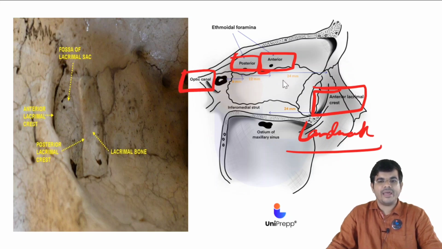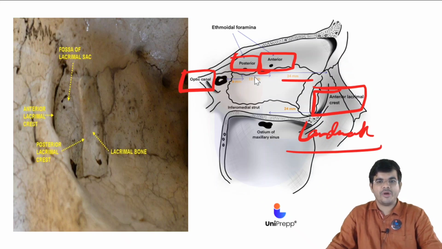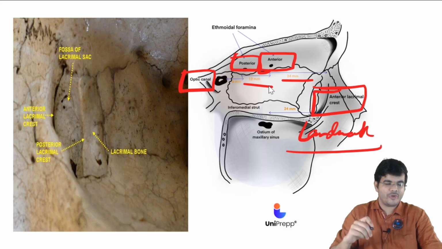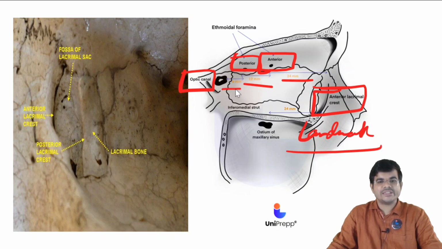Anterior ethmoidal foramen lies 24 mm behind the anterior lacrimal crest, and posterior ethmoidal foramen lies 12 mm behind the anterior ethmoidal foramen, not anterior lacrimal crest. And finally you have the optic canal, which is seen 6 mm behind the posterior ethmoidal foramen.